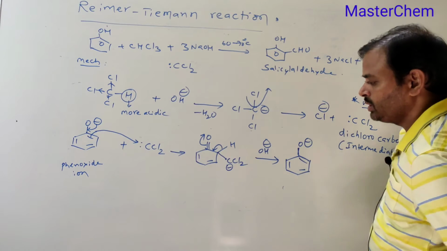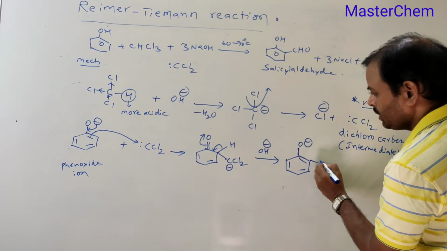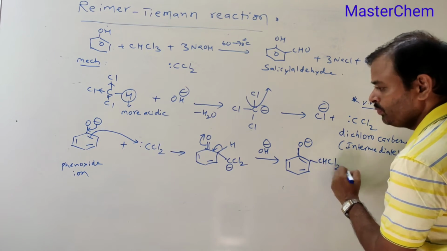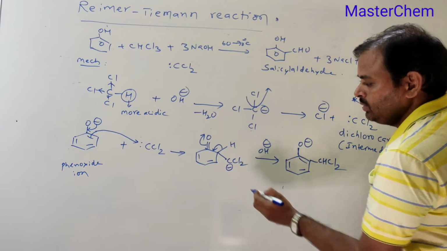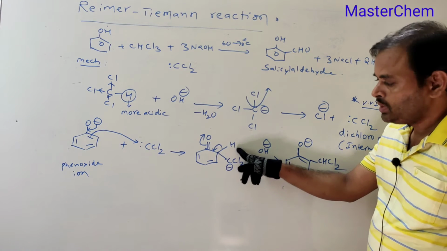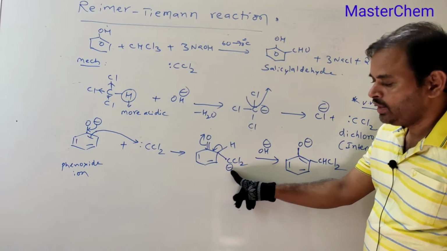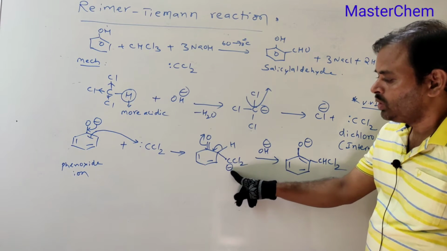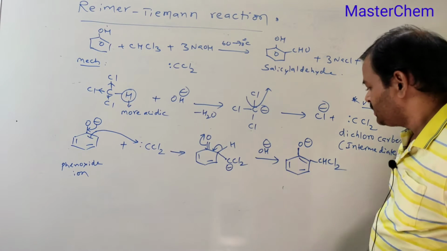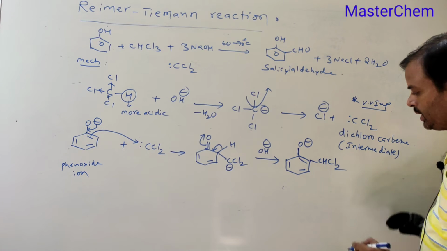Here again a double bond is formed. So this will become CHCl2. Hydrogen leaves as an H plus ion. Since there is a negative charge here, the H plus joins on this carbon and becomes CHCl2.